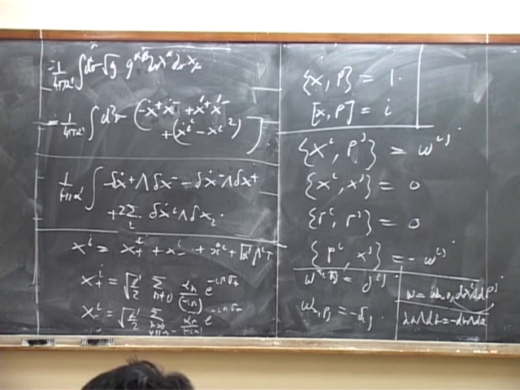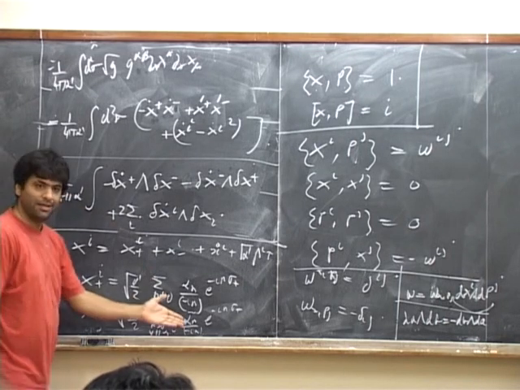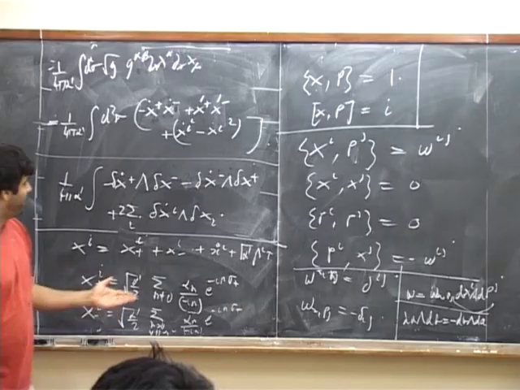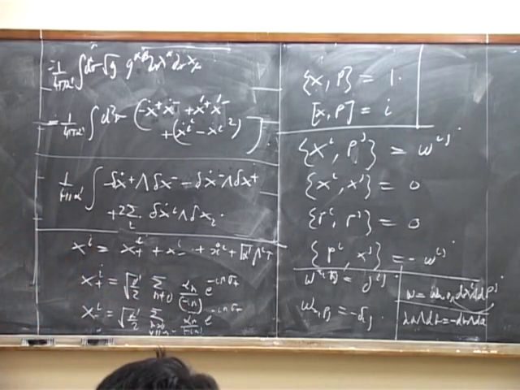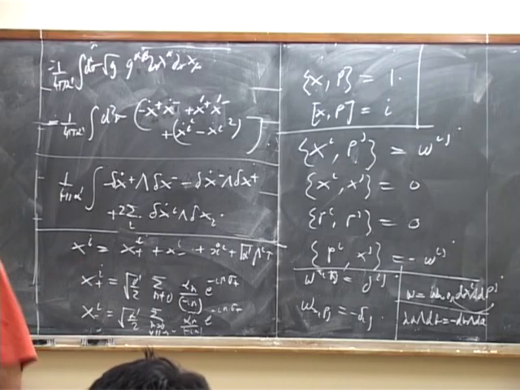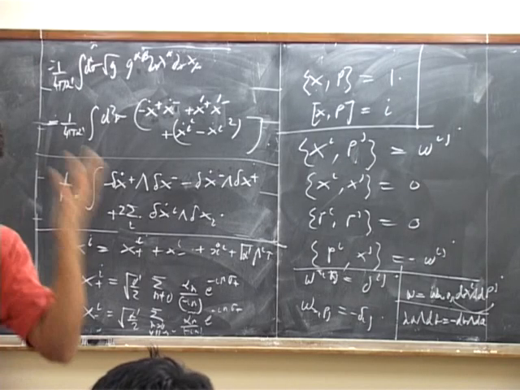Of course, there are reality conditions here. Alpha n will have to be the complex conjugate of alpha minus n in order for this function to be real. We will keep that in mind.